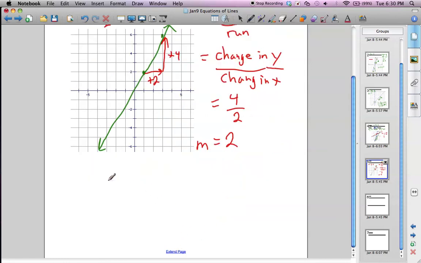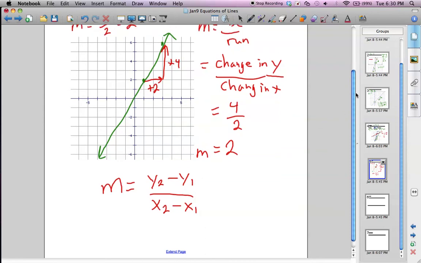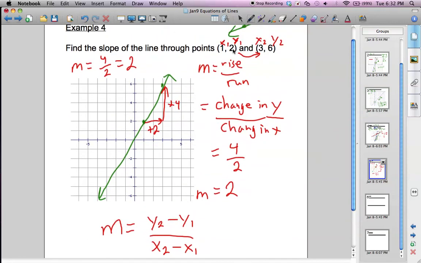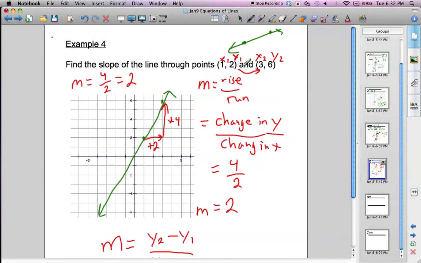So in general, you can find the slope by doing y2 minus y1 over x2 minus x1. That's the change in the y values divided by the change in the x values, like I did in this example. You can do 6 minus 2 is 4, 3 minus 1 is 2, and then your rate of change is 4 divided by 2, which is 2.